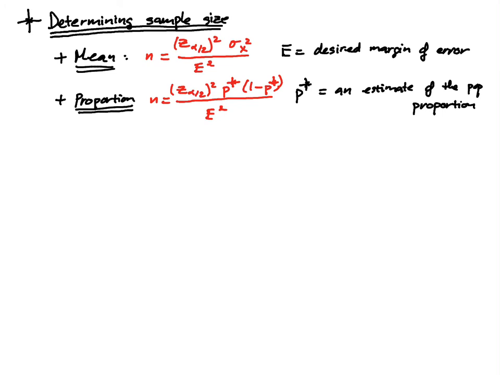So there are three ways we can obtain an estimate for the population proportion, in other words, three ways to determine what p star is. The first way is to do a pilot study.